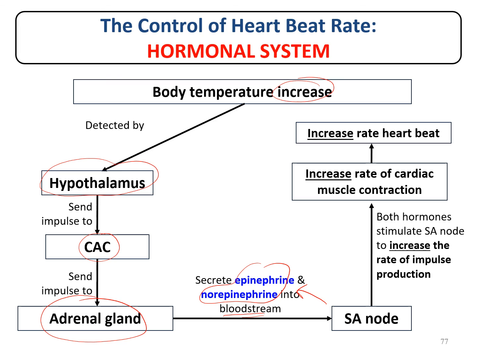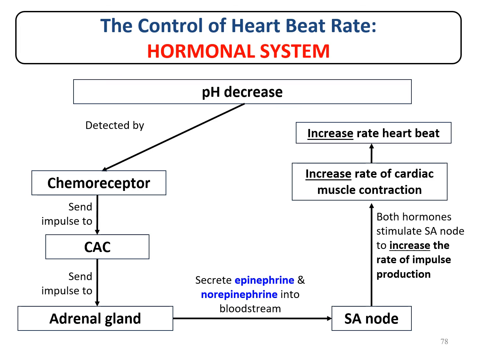These two hormones will stimulate the SA node to increase the rate of impulse production. So the CAC has two ways of communicating with the SA node: one through the sympathetic nerve, one through the bloodstream. But both involve epinephrine and norepinephrine.